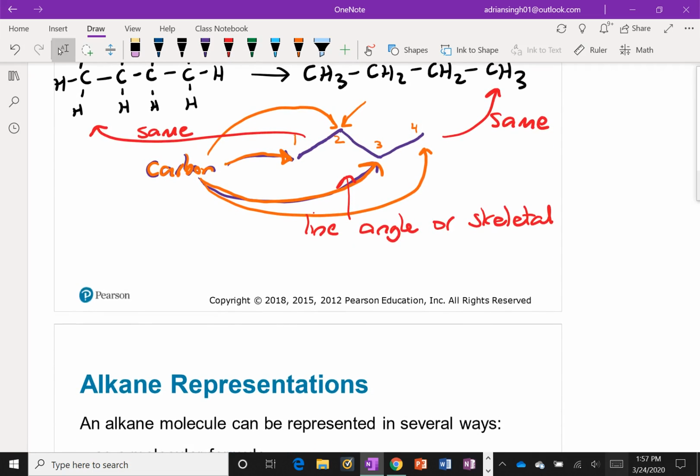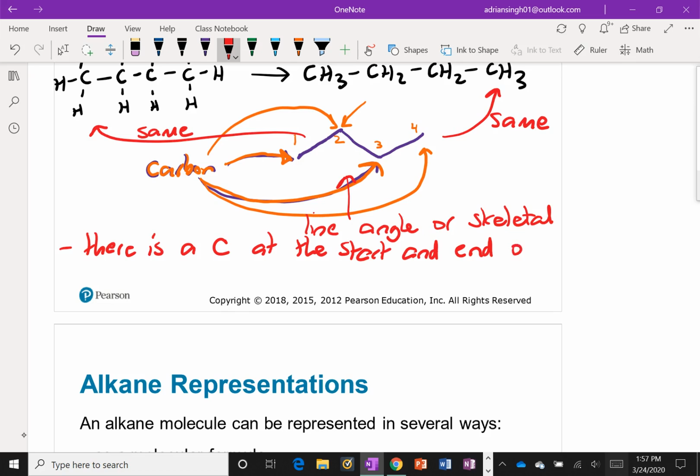So a couple of things to note. There is a carbon at the start and end of a line, and there is also a carbon where 2 lines meet.